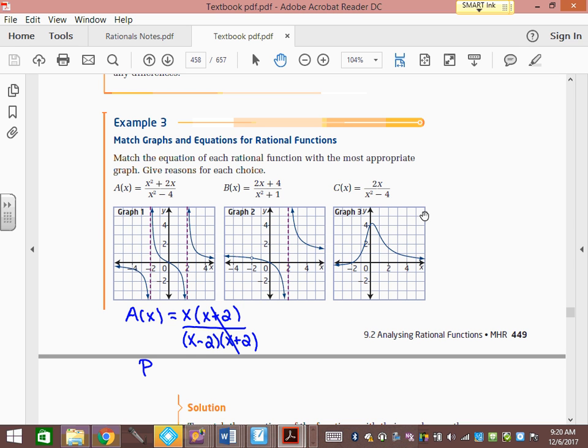I have a point of discontinuity at negative 2 and something. Because we're matching, do we have to even find that something? No. But what we could do is we can find that something. We'd have to plug it into here. So we'd get y equals negative 2 over negative 2 minus 2. You plug it into what's left over. So it's negative 2 over negative 4, which is a half.